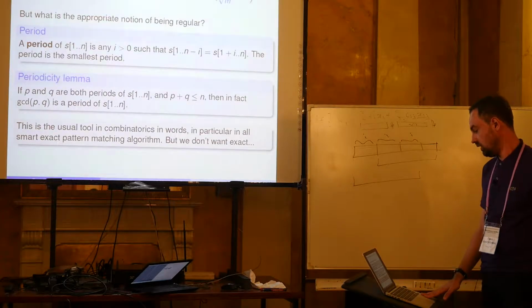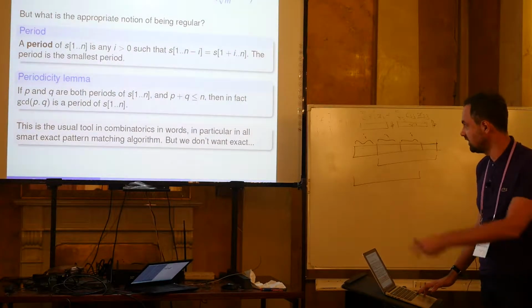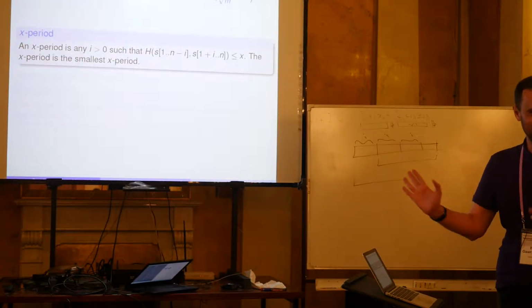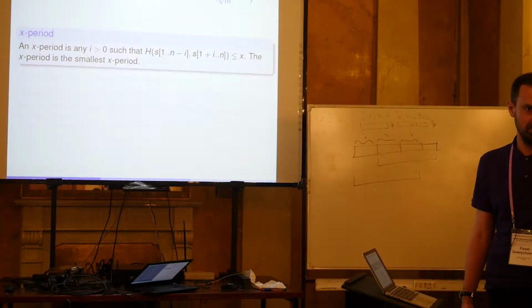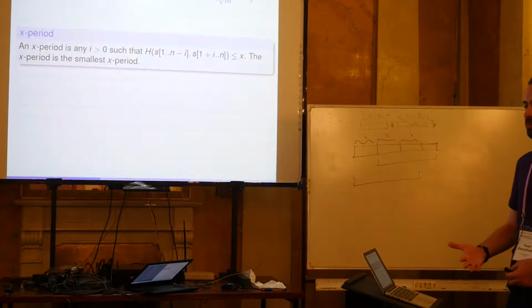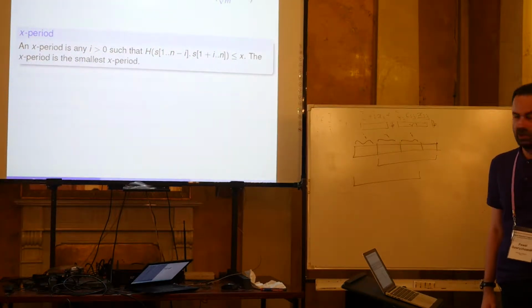Okay, but we don't want exact, we want approximate. So you forget about this slide, at least for the next 10 minutes, and you introduce a version where you need to put the Hamming distance in the definition, because now it's not exact, it's a Hamming distance at most x. So we have this notion of x period.